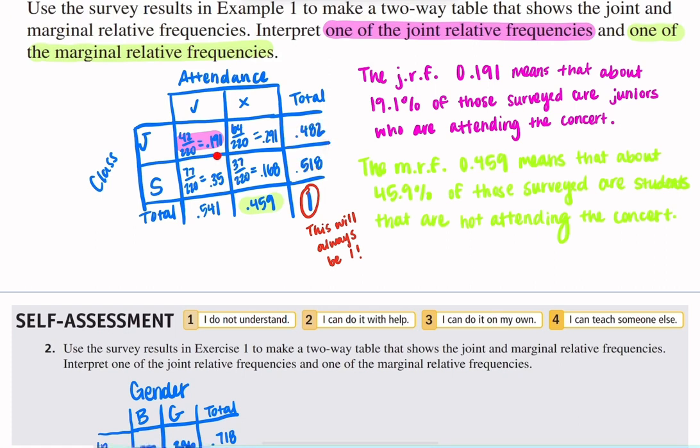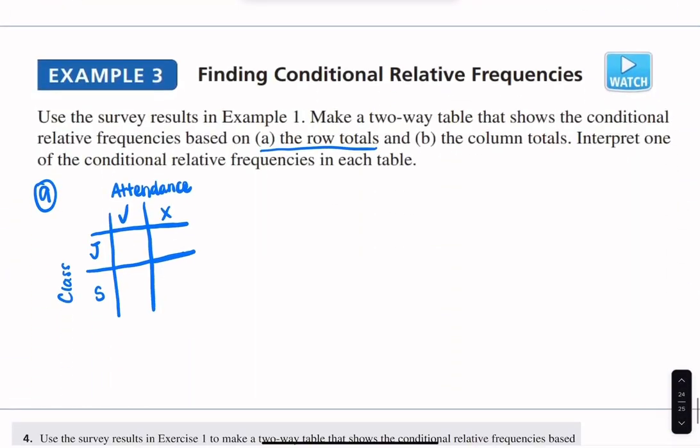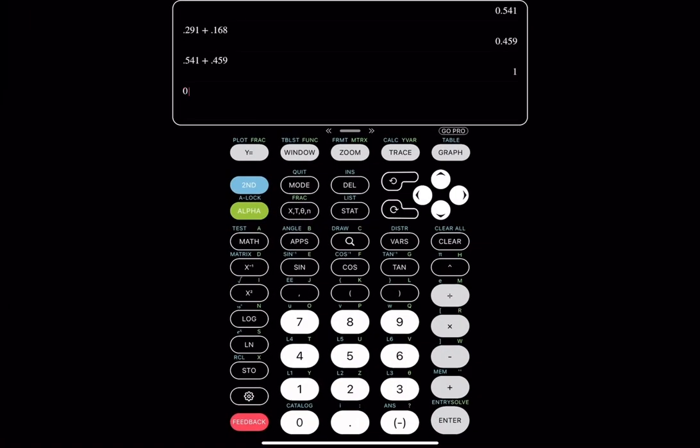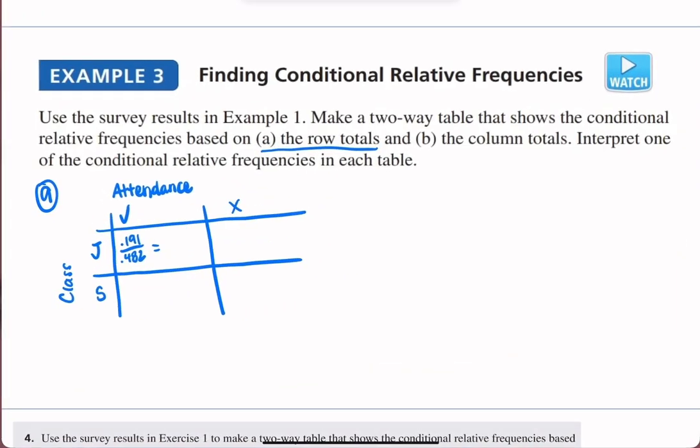So 0.191 divided by 0.482 is about 0.396.